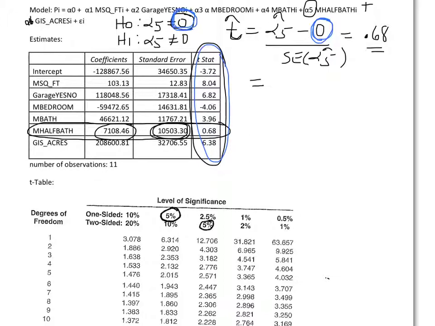Next thing we need to do is to find a critical value, right? Because our decision rule is going to be what in this case? Actually, I should talk about the decision rule first. We're going to reject H0 if the absolute value of t hat is what? Well, greater than our t critical, associated with a certain number of degrees of freedom and a certain probability of a type 1 error.